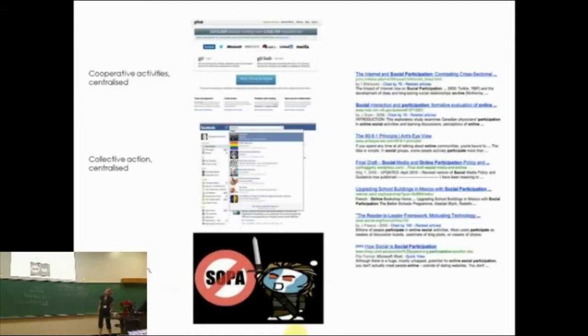So here are some of the things that we can think about in that first bucket of mediated collaboration. There's cooperative activities, which are centralized, like GitHub. Then there's collective action, which is centralized, plenty of groups on Facebook. And then there's collective action, which is decentralized. Okay. So these are some different ways that we are using current social media platforms that perhaps have been designed for recreational purposes, especially the Facebook one, for collective action.